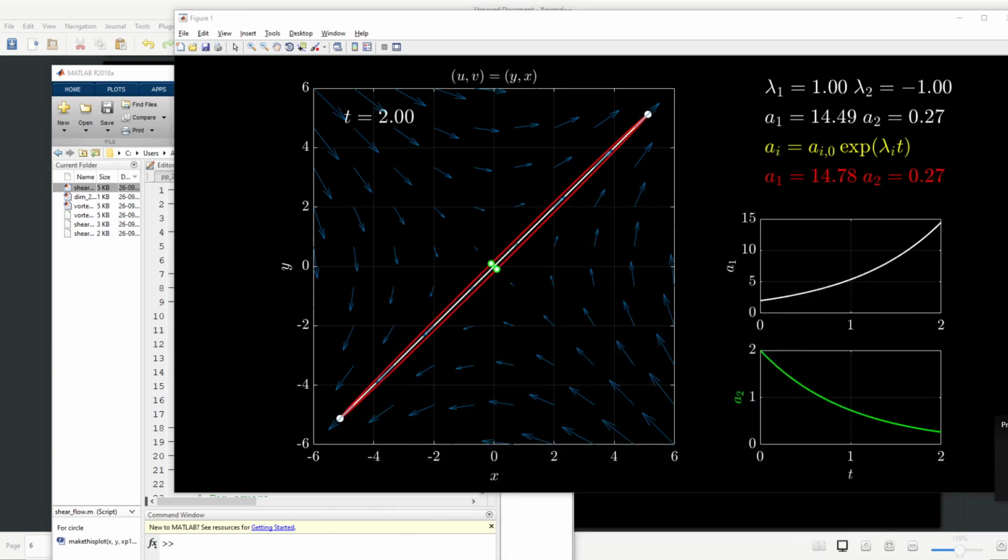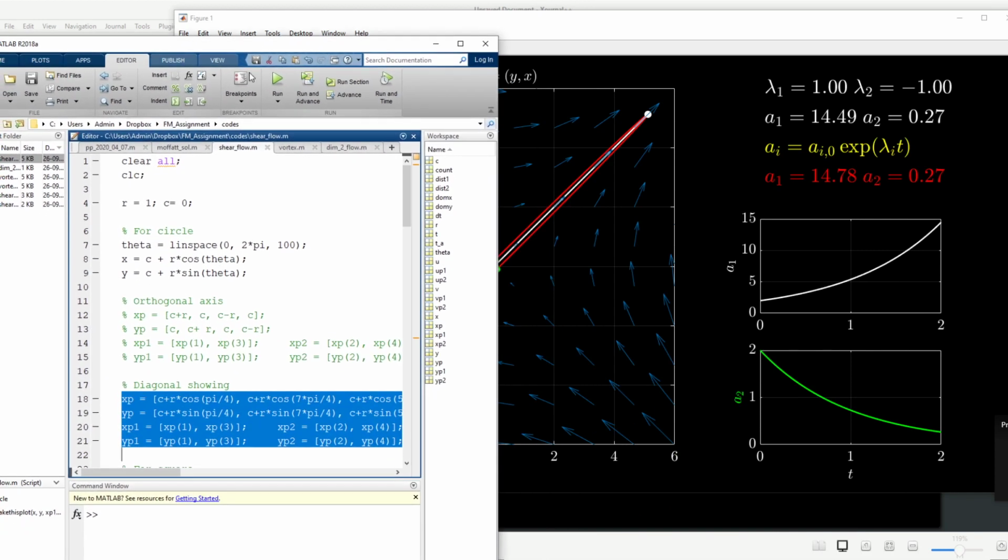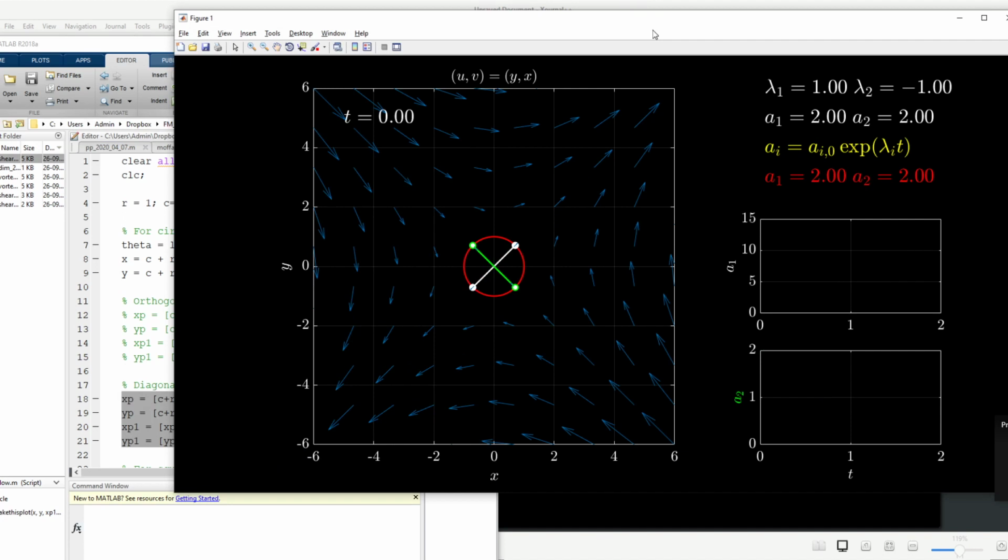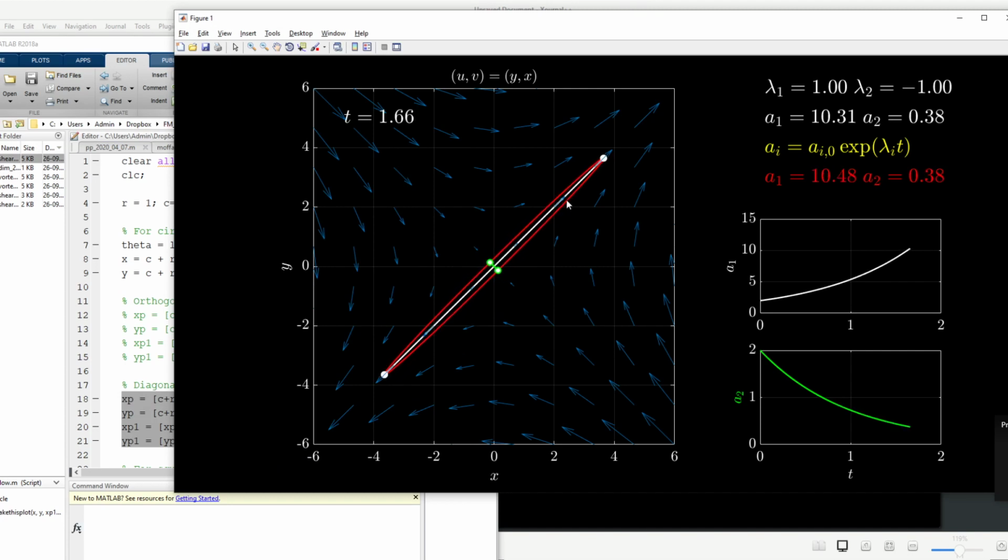So is this clear, whatever I just told? Should I run the simulation again? Yes, sir. So the green line compresses and the white line elongates. Okay?